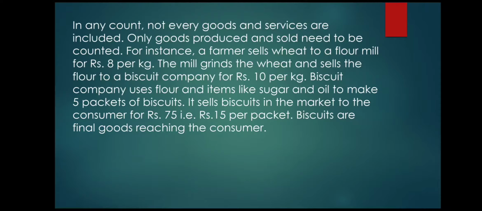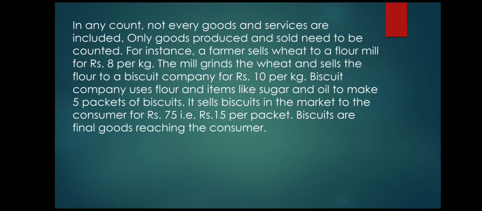It sells biscuits in the market to the consumers for rupees 75, that is rupees 15 per packet. Biscuits are the final goods reaching the consumer. So this is the chain of events that took place.